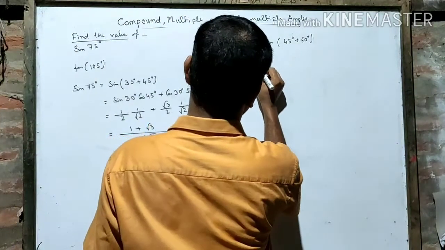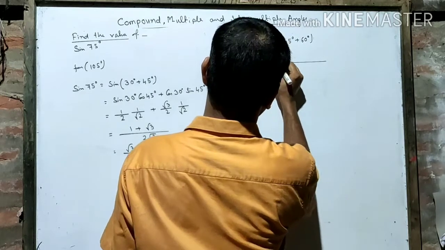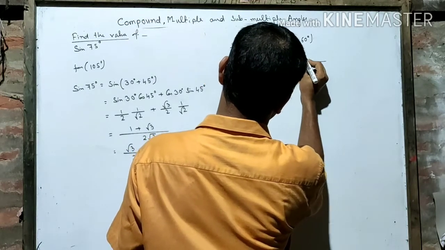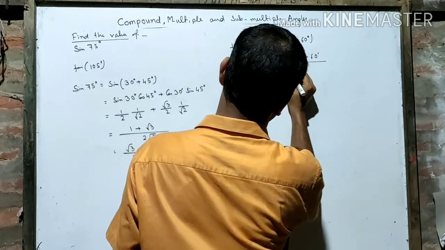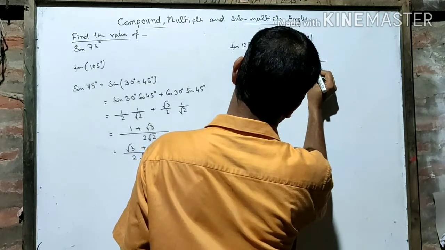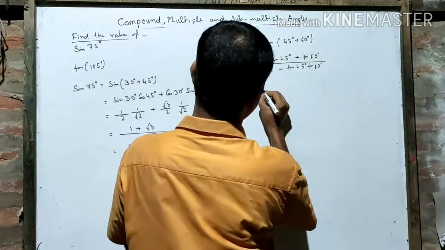So what is the formula for tan a plus b? This is of the form tan a plus b. Tan of a plus b is tan a plus tan b divided by 1 minus tan a tan b.